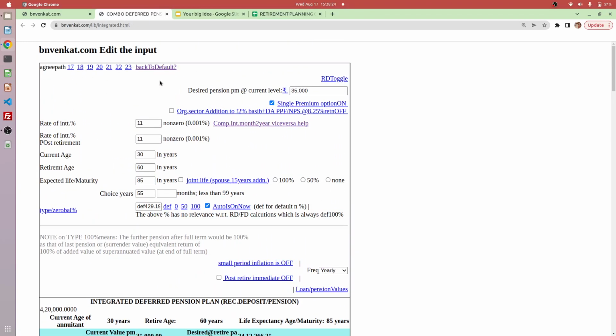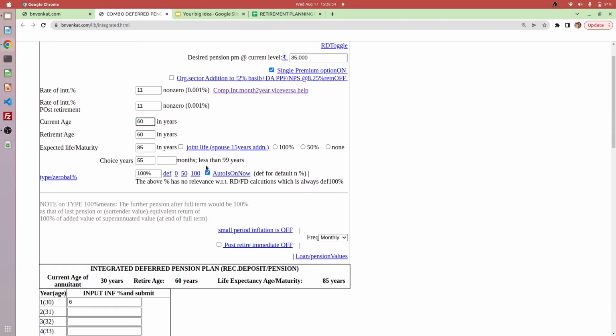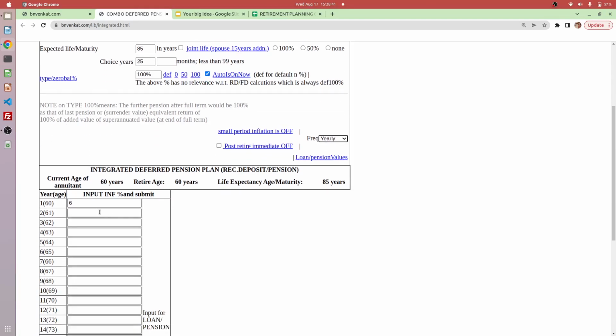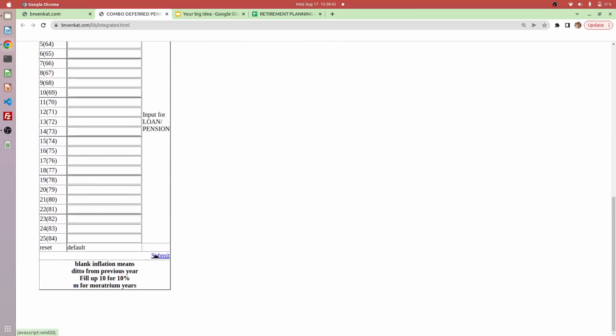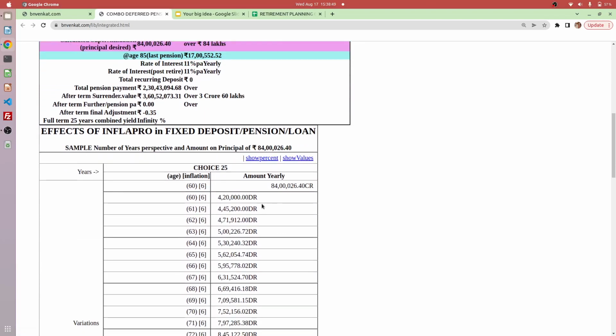Now let us see this calculation for a 60 years entrant. Single premium for a 60 years entrant, with yearly frequency. Inflation percentage is 6% throughout by default. Continue. Submit. We got a figure of 84 lakhs 26 rupees 40 paisa.